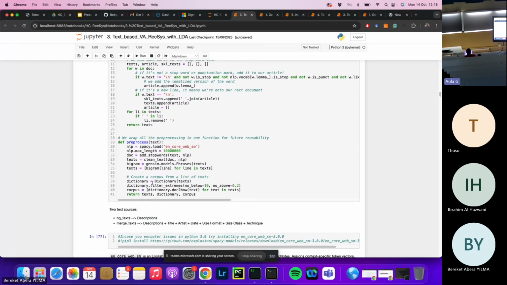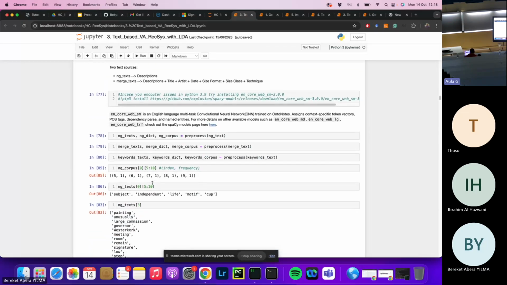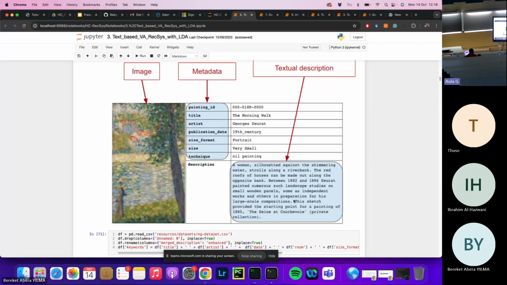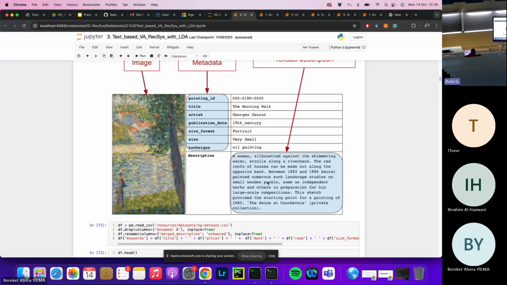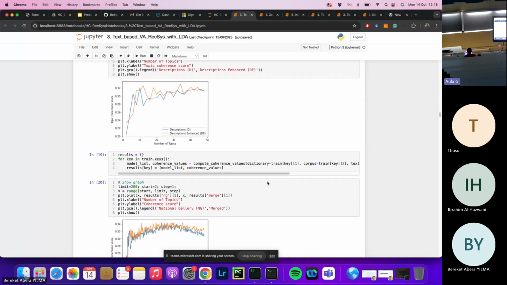And here we are using 2 different textual descriptions. And then we have another textual description which combines these 2, the metadata and the actual semantically rich descriptions. And then we see how the topic models perform.